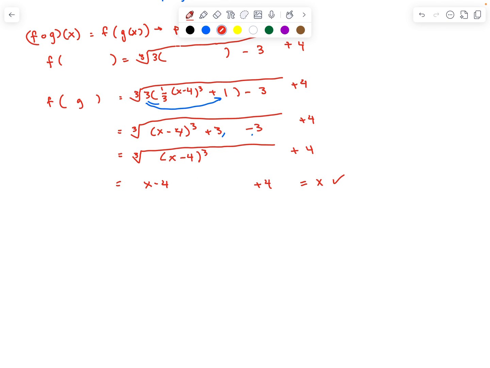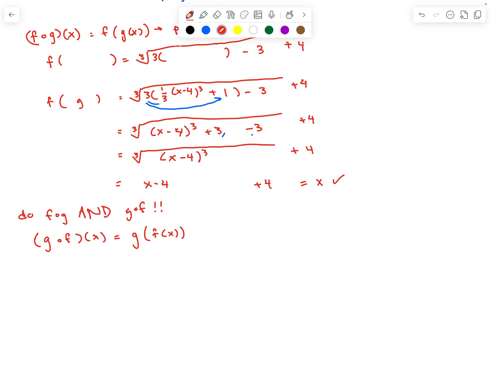And then we have to do G of F of x. So G, I'm just making sure that you recognize the notation. You're sticking F inside.